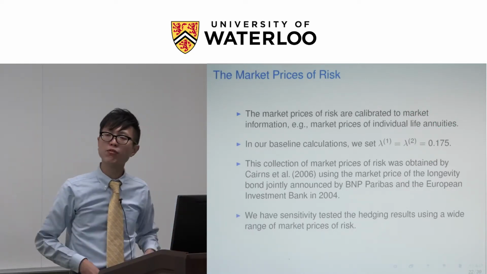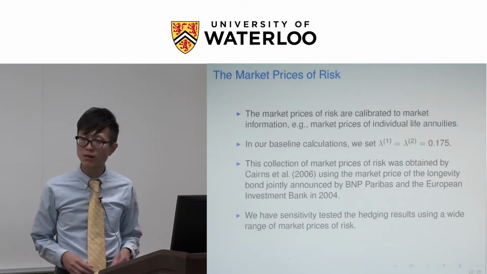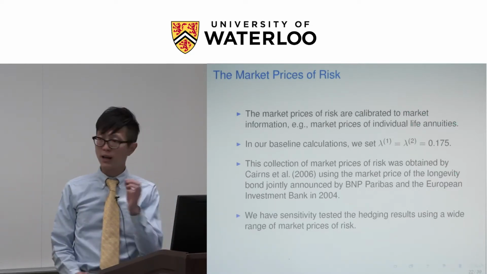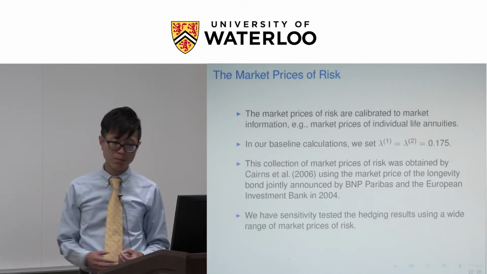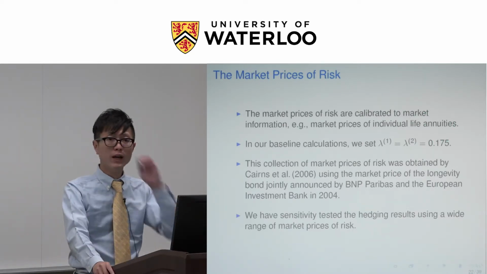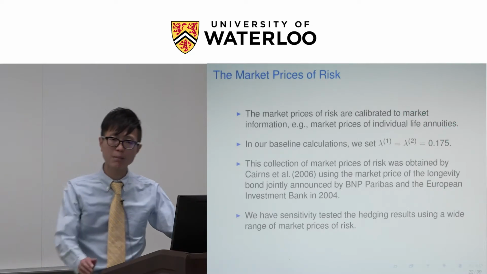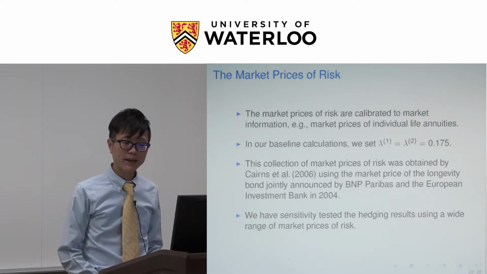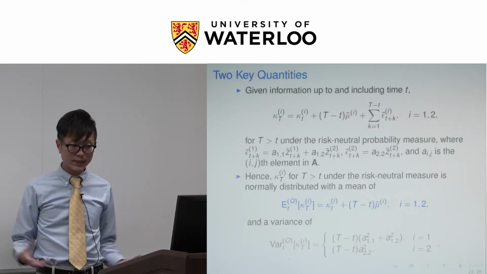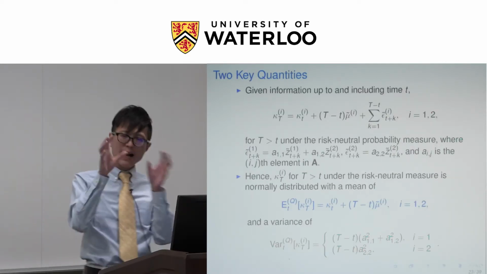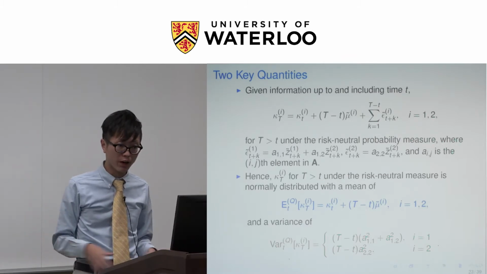These values are taken from a previous paper of Andrew Cairns and his co-authors, who calibrated these unknown lambda values using the market price of the longevity bond that was jointly announced by BNP Paribas and the European Investment Bank in 2004. So we have the risk-neutral process, and then there is a little bit of math here.